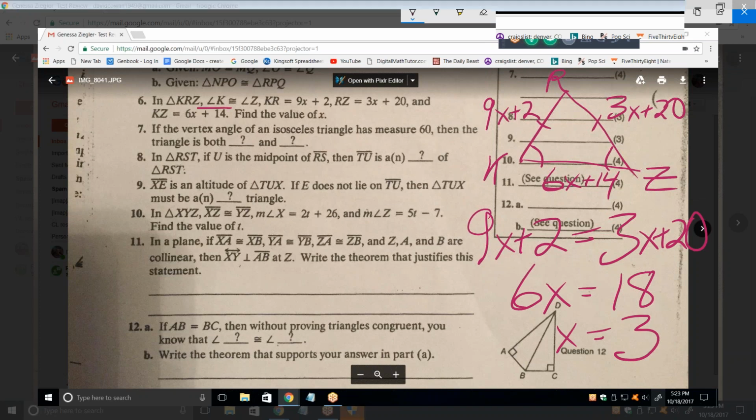Notice we didn't need to know that third side. That was immaterial. It tells you what that third side is once you solve for x, but if they're only asking for x, the only thing we needed to know is KR and RZ. Those were the two sides that were equal. All right.